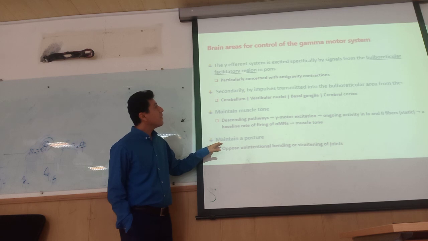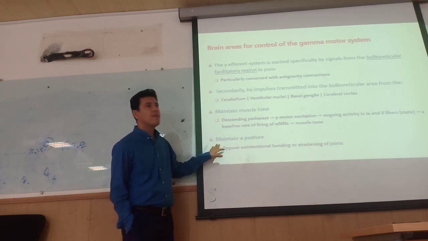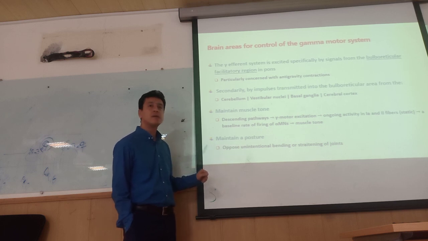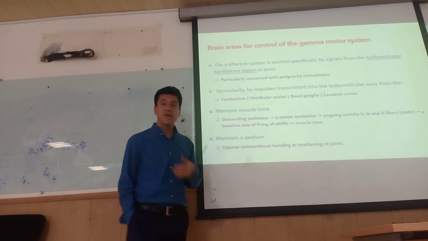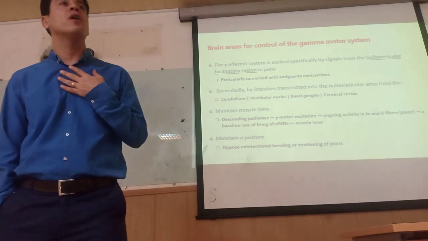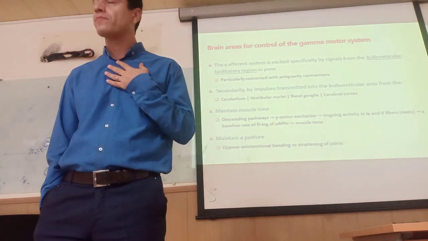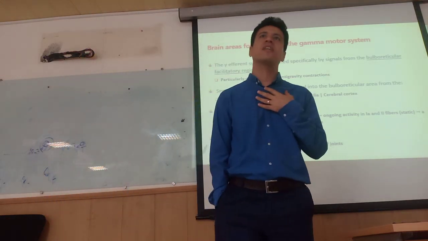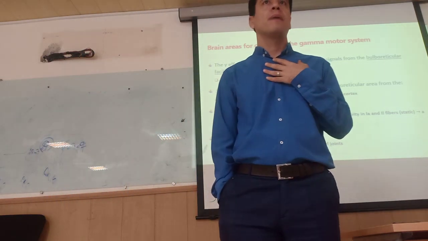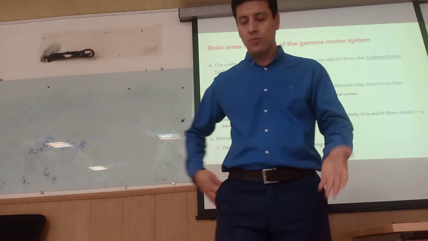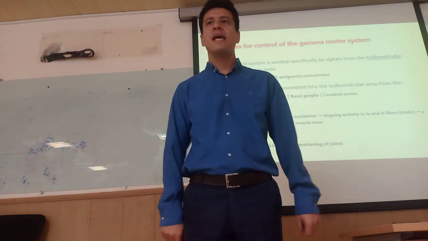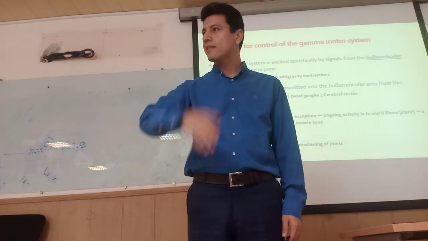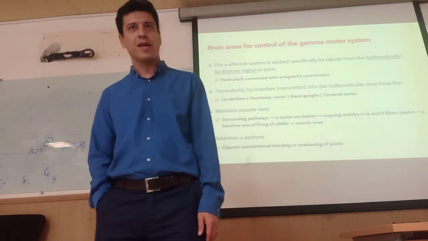Another importance of the gamma motor neurons is the maintenance of the posture. Okay, so posture can be controlled by gamma motor neurons. For example, any change in posture can be detected by muscle spindles. I mean, a soldier who is standing up and listening to the commander, general, okay?